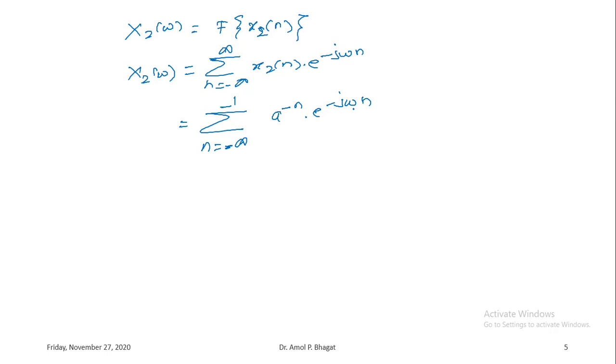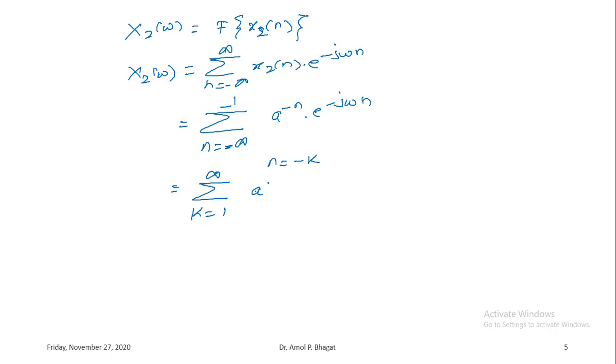So here I can replace n with minus k, to change these values to positive, right? So simply it will be k equals 1 to infinity, a to the power k, in place of minus n it will be k, right?